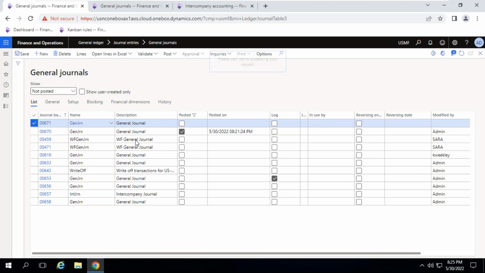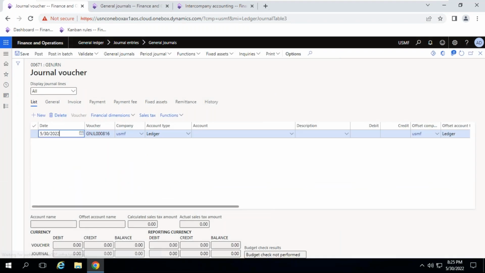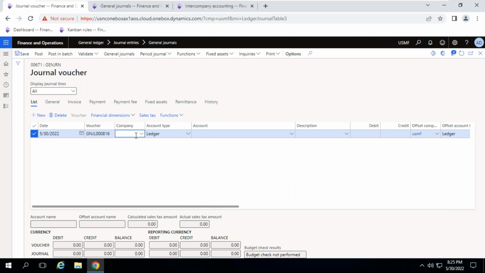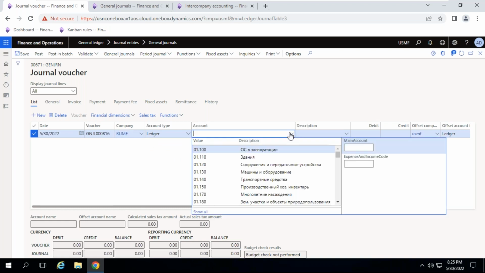As soon as you select, suppose I have selected the Brazil company, then it is showing Brazil accounts. Look at the Brazil account numbers, starting with 1 something. Right. If it is Russia, it is Russian language accounts.